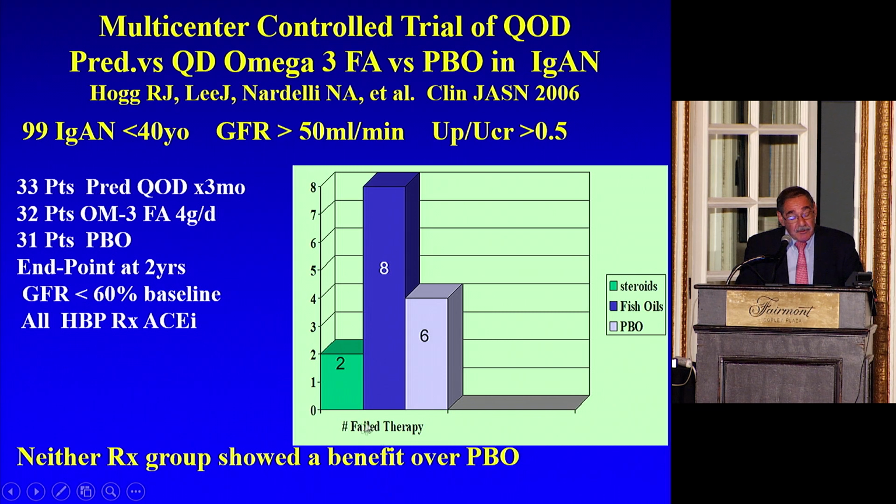These are the treatment failures, the creatinine rising: 2 of the 33 in the steroid group, 8 of the fish oil group, 6 of the placebo. There was no way that the fish oil group was going to catch up, so it wasn't beneficial there. So again, controversial data. It's better to say, take your ACE inhibitor, take your ARB. If you want to take fish oils, fine, but again, the evidence is weak.